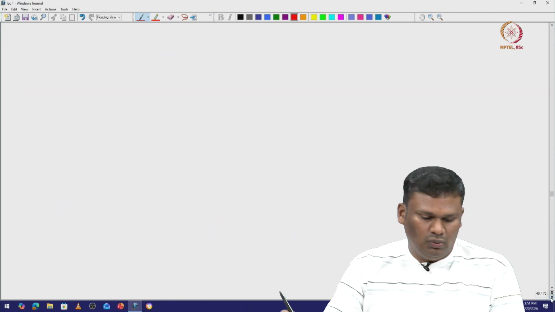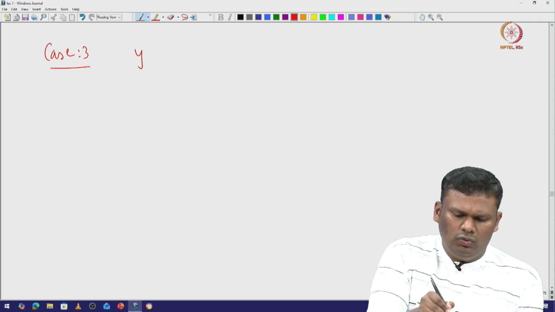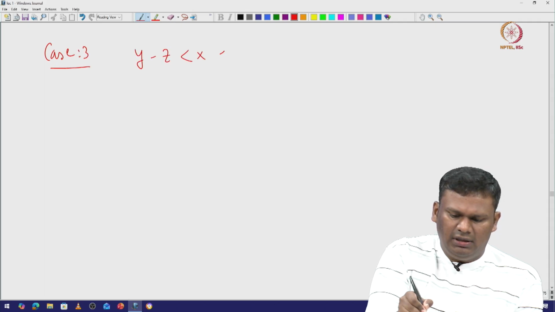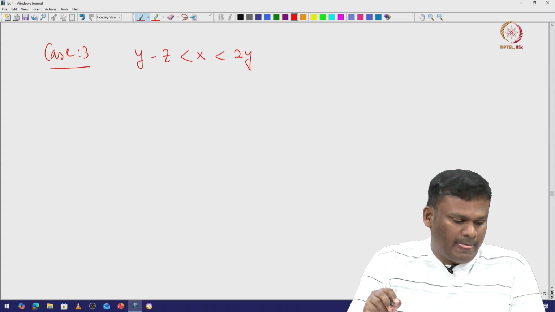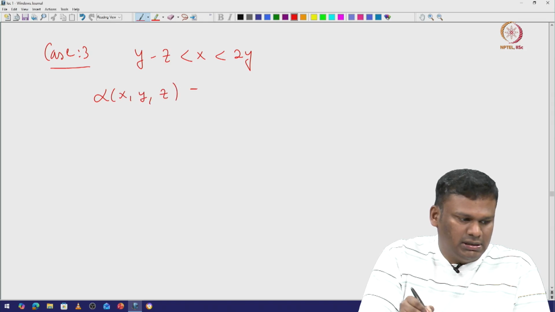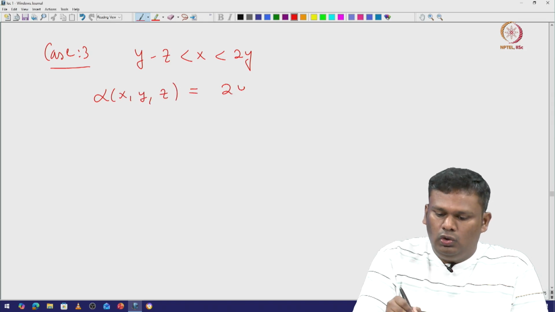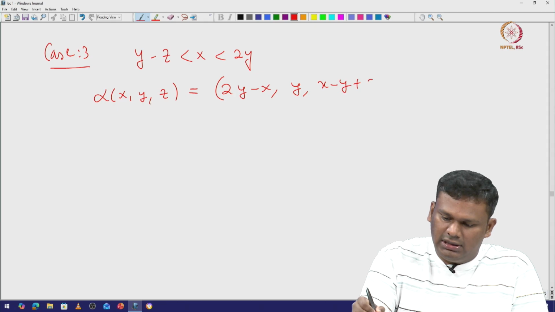Now, look at what happens in case 3, when x is lying in between y minus z and 2y. So, in that case alpha of x y z is exactly given by 2y minus x comma y comma x minus y plus z.